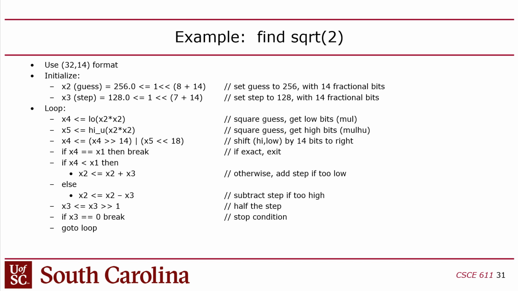Now, what this means is that the range of an unsigned 32-bit number with 14 integer bits is 0 to 2 raised to the 32 minus 18 power, or 2 to the 14th power, which is 16,384. Technically it's one less, at 16,383. But basically it's 16,384.